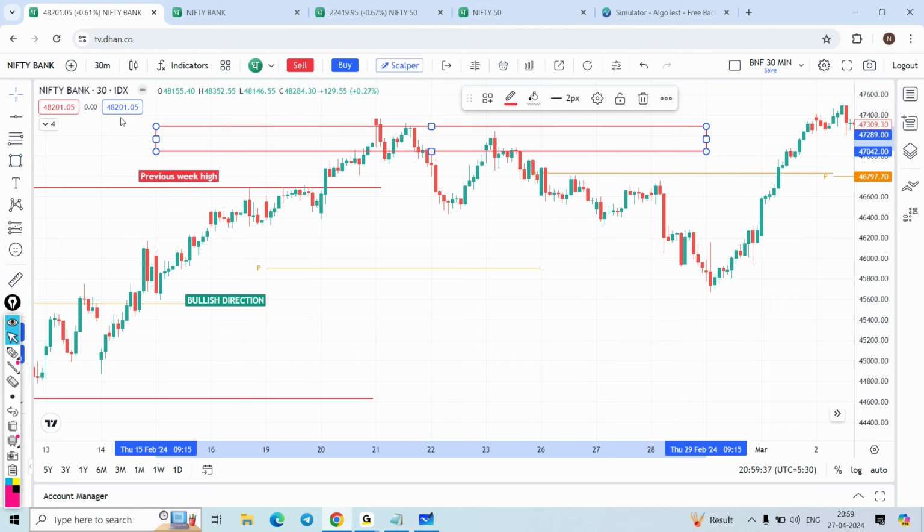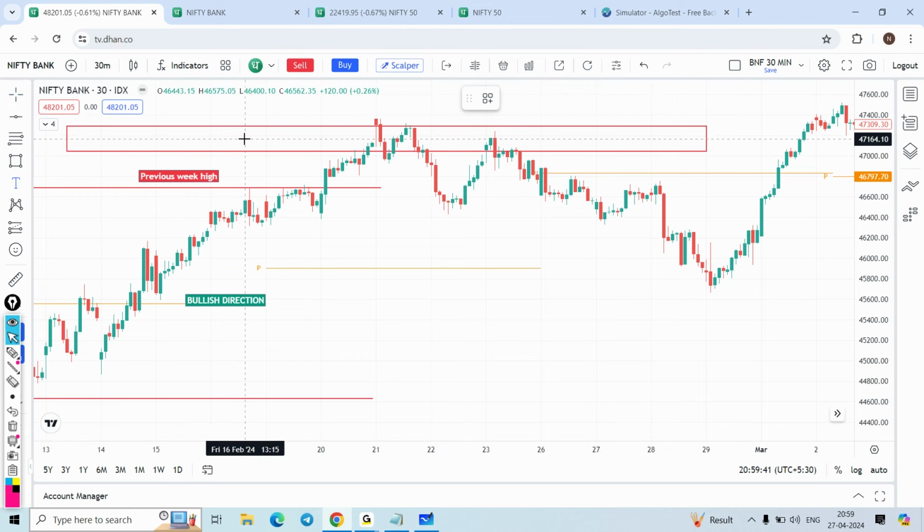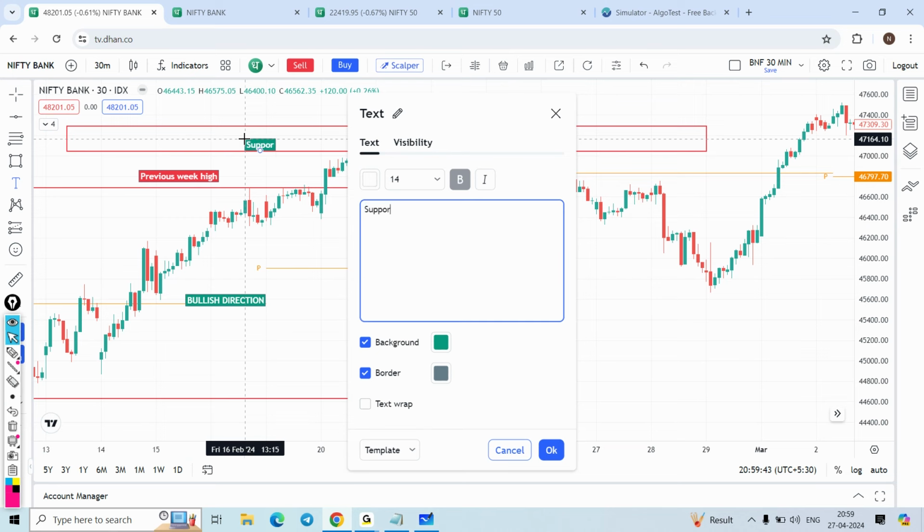Fine. What is this area? Support turned resistance in the daily time frame. Try to understand very clearly. The bigger the time frame reference level, the stronger it can be.